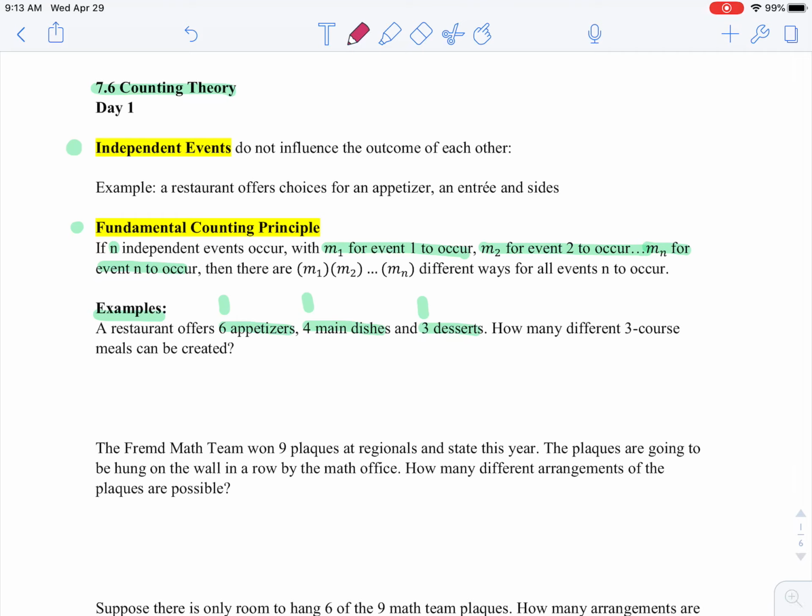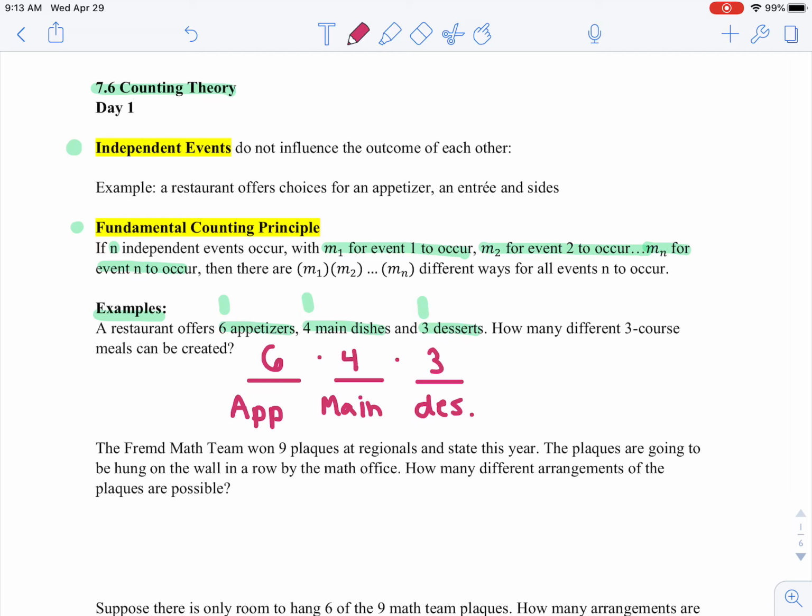To figure out how many different ways for all these events to occur, all you do is multiply those numbers together. So for this example, you have your apps, your main, and your desserts.